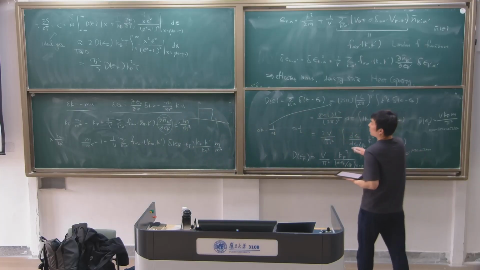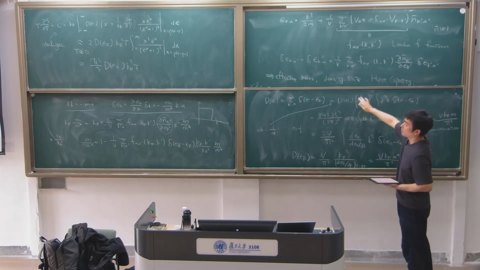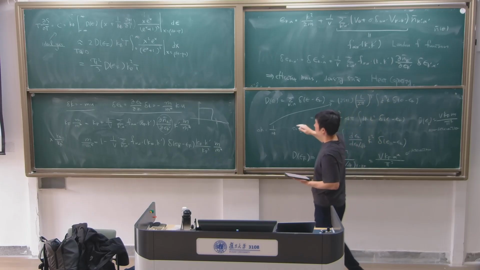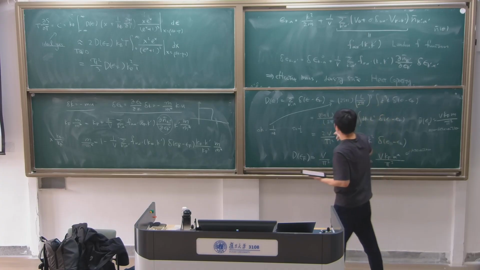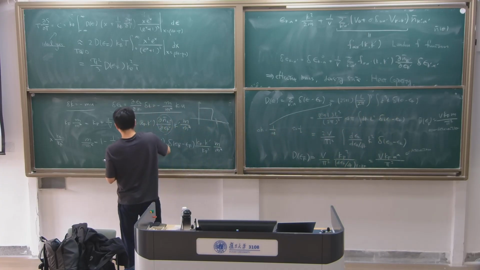If you have a delta function, you can massage this one using this trick. Sum over k can be replaced like this. And then what you get is as follows.